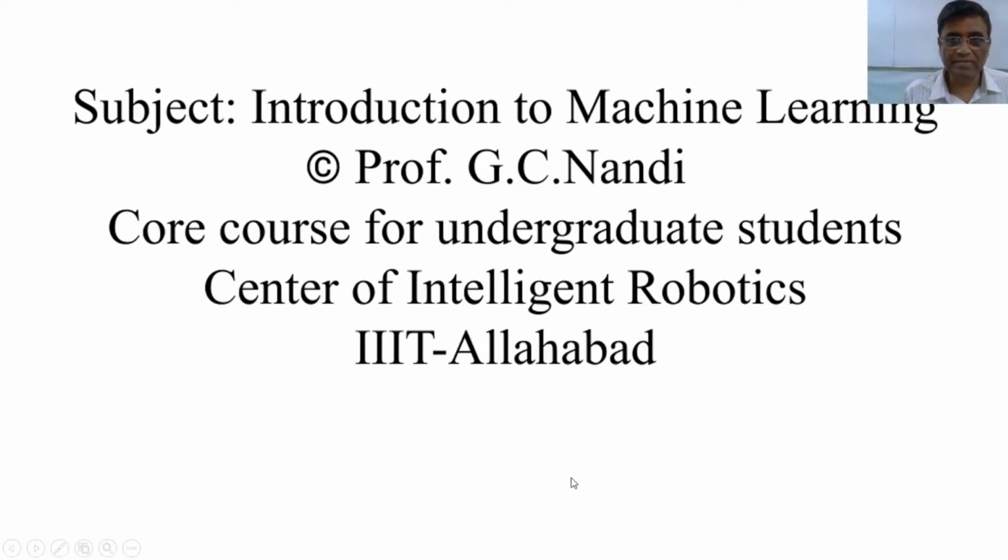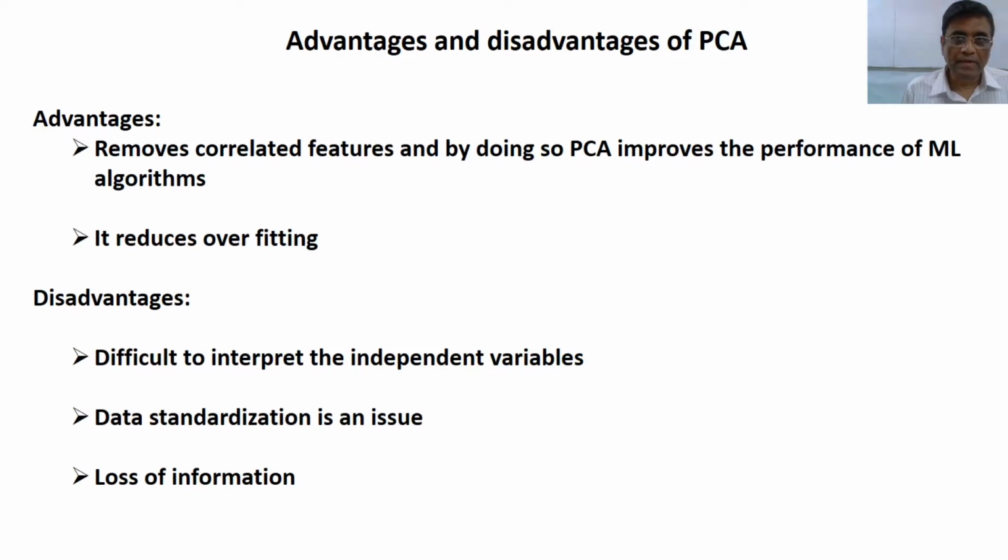Today we are discussing the concluding part of principal component analysis. As you know, it's a very useful tool, very easy to understand when you have large dimensional data and you have no idea about the pattern of the data.